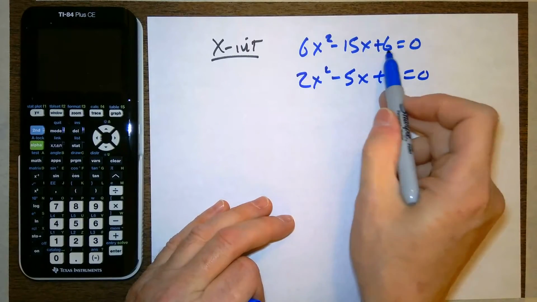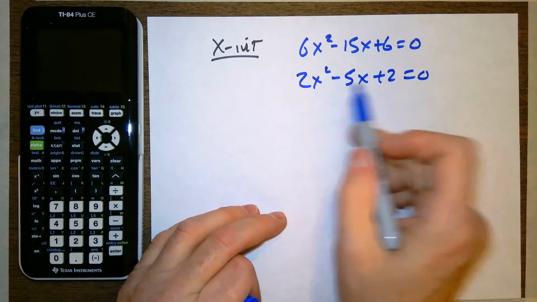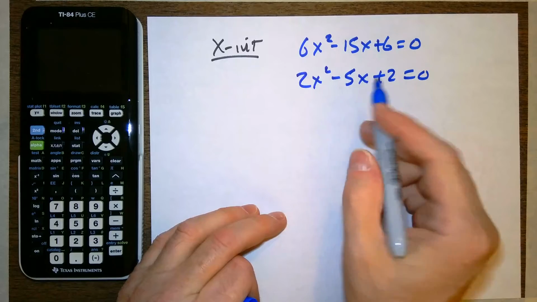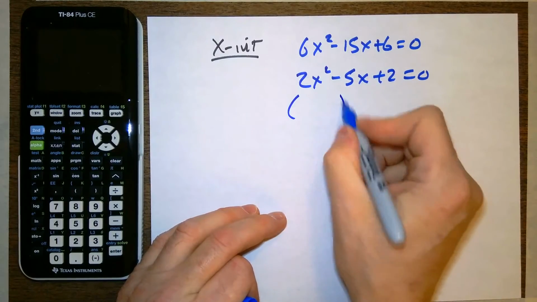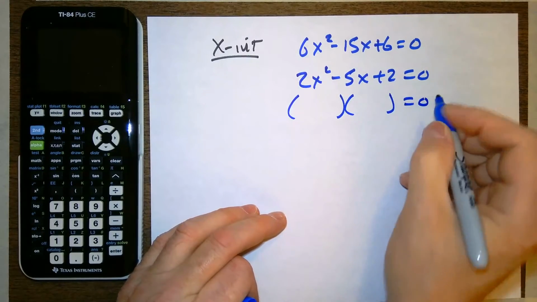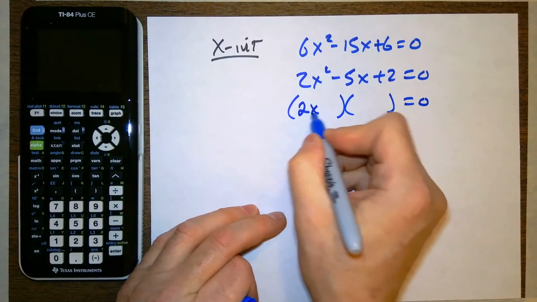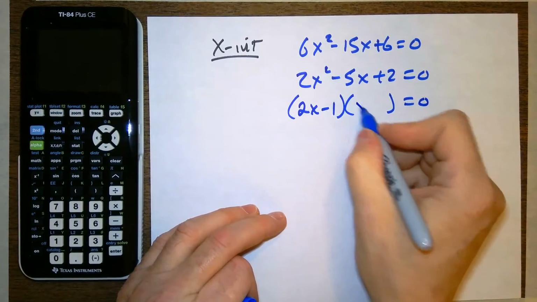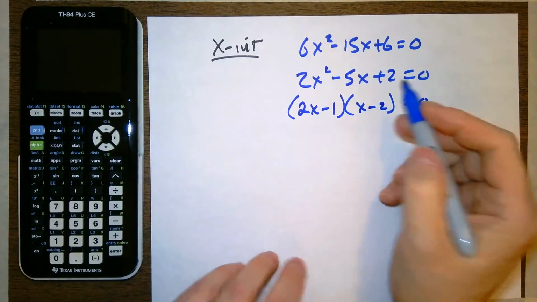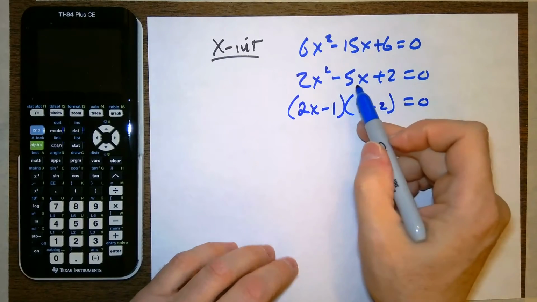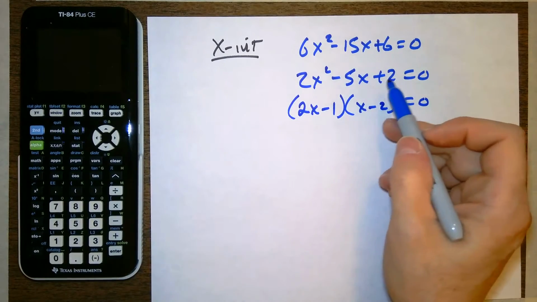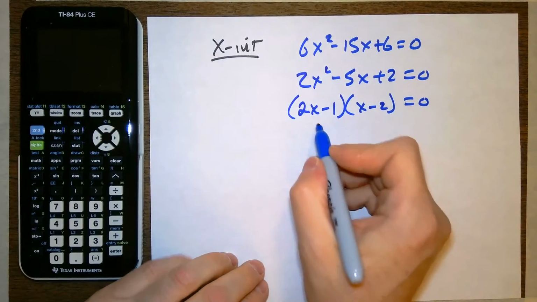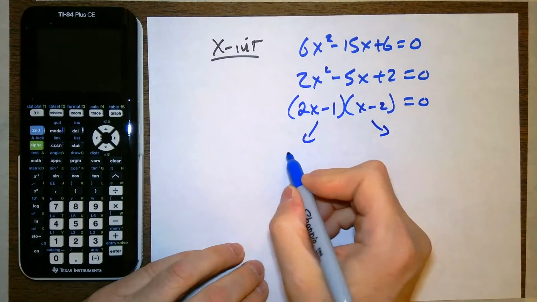So now I've got this. Does this factor? It is going to factor nicely. 2 times 2 is 4. I can split the middle term into a negative 4x and a negative x and factor, giving 2x minus 1 and x minus 2. Set each factor equal to 0.